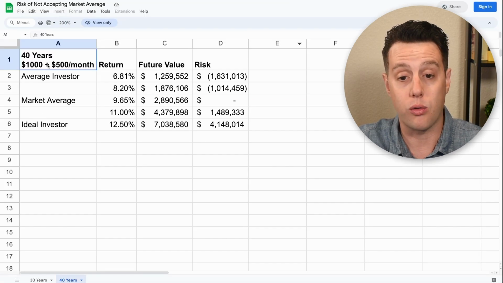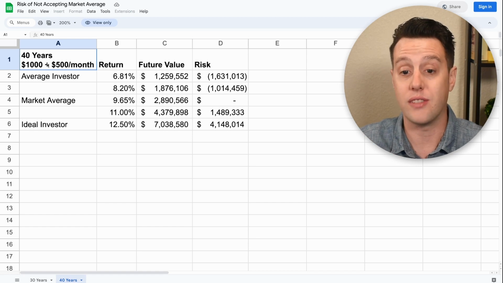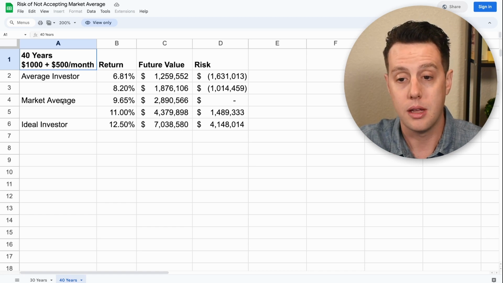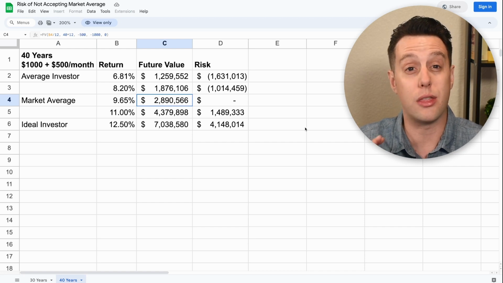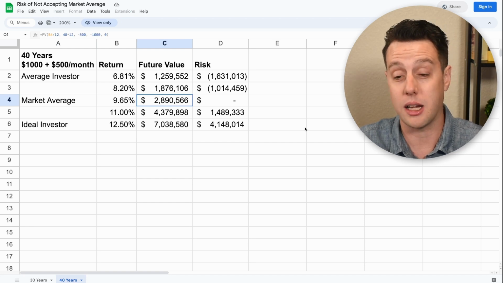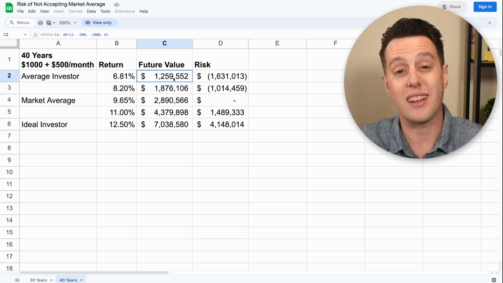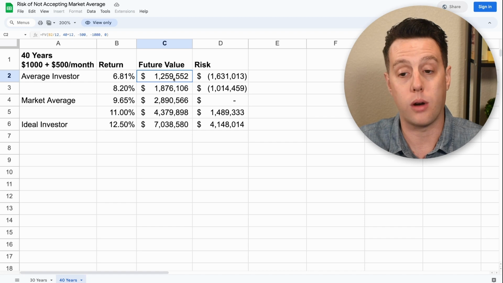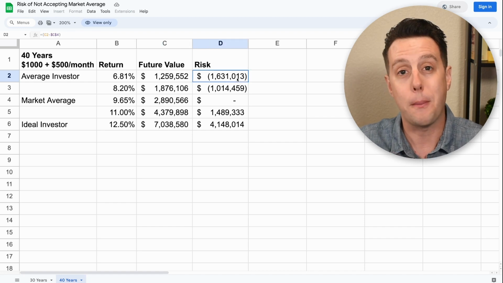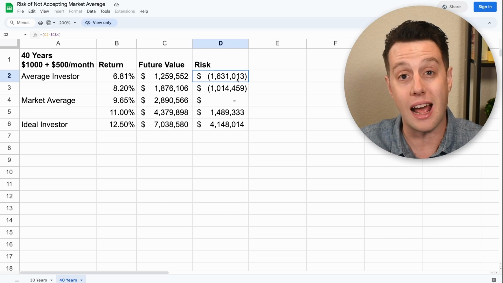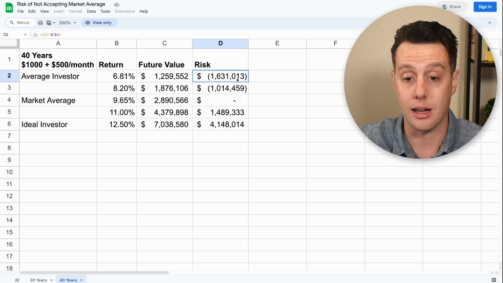If we look at over 40 years of investing, starting with $1,000 and investing $500 per month, the market would have returned a portfolio of nearly $3 million, $2.89 million, while the average investor would have got less than half of that portfolio, $1.25 million. That's over a $1.6 million loss compared to just investing in the market index.